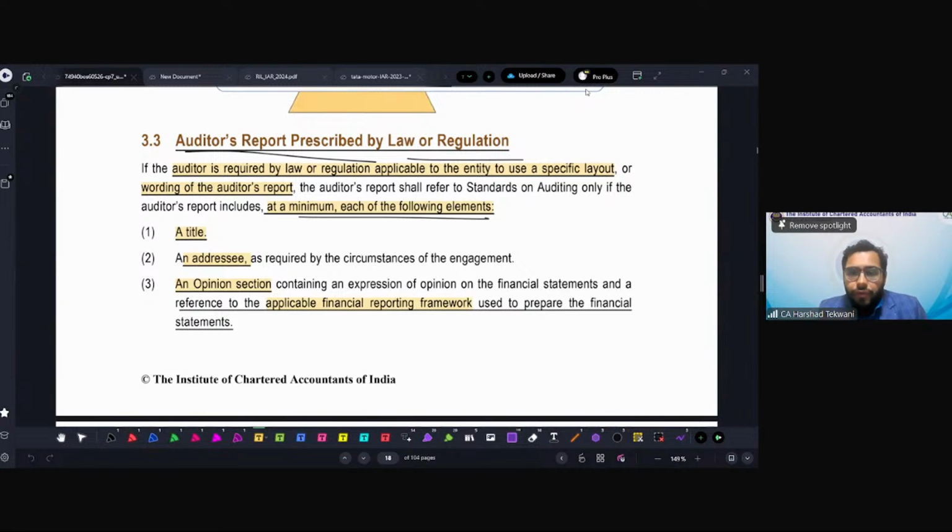If the auditing standards of the other jurisdiction are similar to what we have in India, issued by the ICAI, then you are not required to issue a separate report. Just make sure the minimum elements that we have discussed are there.